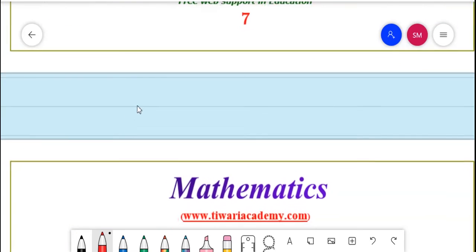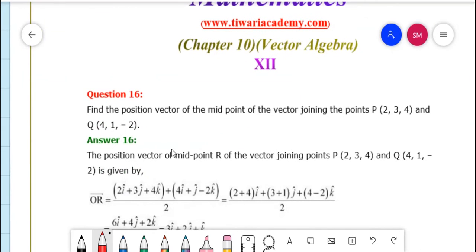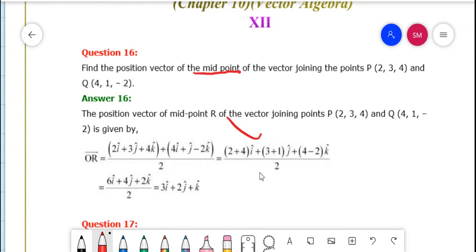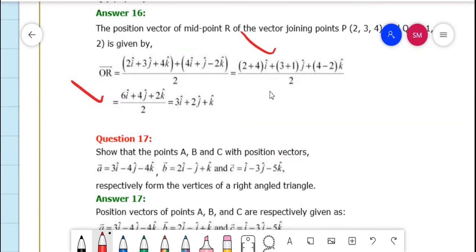Okay, so this is the external division. Find the position vector of the midpoint. The midpoint is very easy. 2 plus 4 divided by 2, 3 plus 1 divided by 2, 4 minus 2 divided by 2. So addition divided by 2, i, j, k, simply you will get OR.